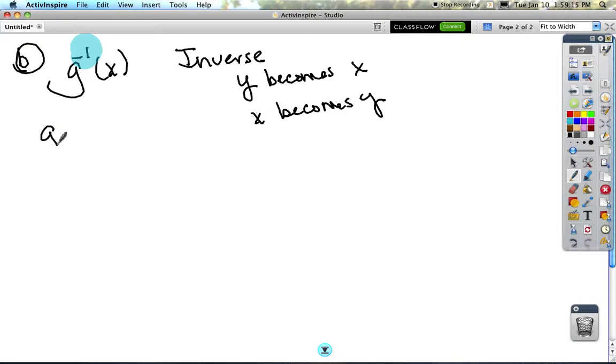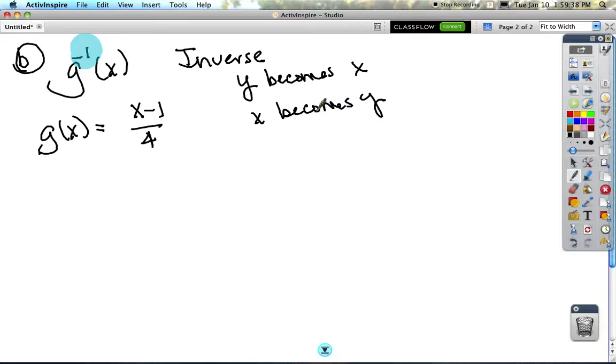Now, what is my g of x equation? Because they want me to take the inverse of the g, not of the h and not of the f. So what's my g of x equation? X minus 1/4. Okay. Now I said that y becomes x and x becomes y because of the picture I showed you.